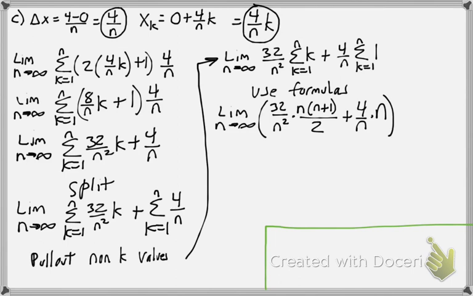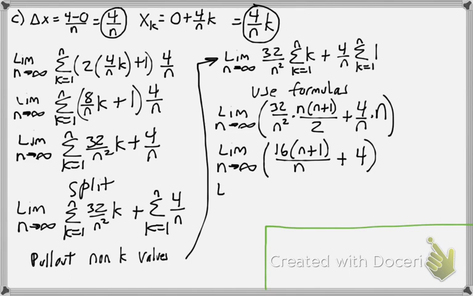So let's do a lot of our simplifying. This is the limit as n goes to infinity. One of the n's is going to cancel out, and the 2 with 32 is going to be 16 times n plus 1 all over n, plus 4, because those n's cancel out.